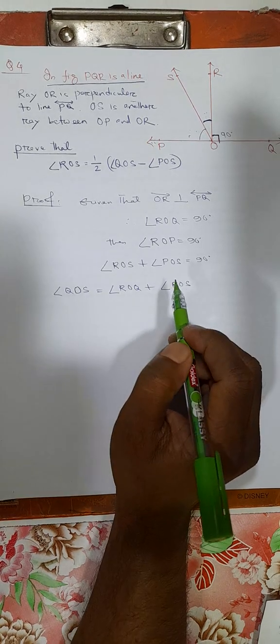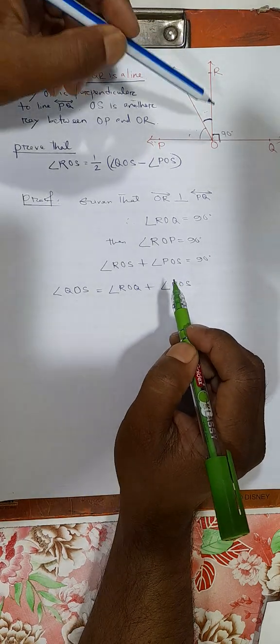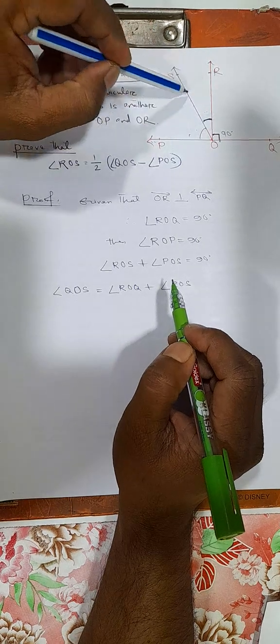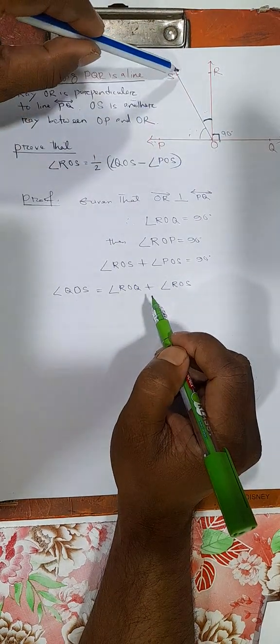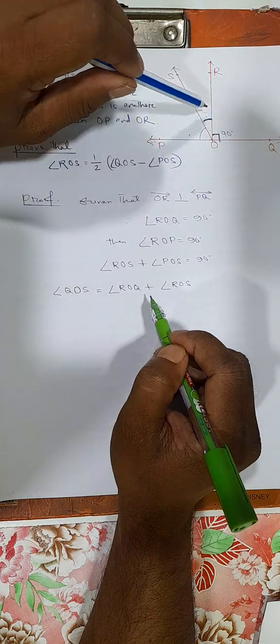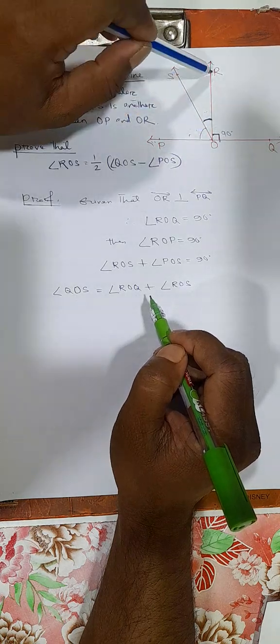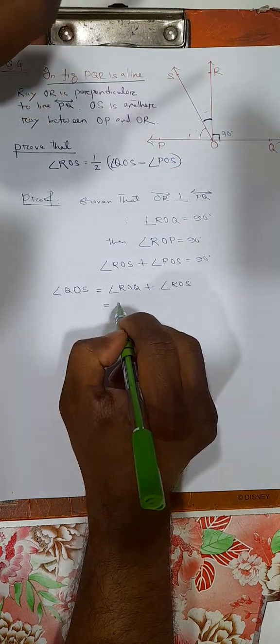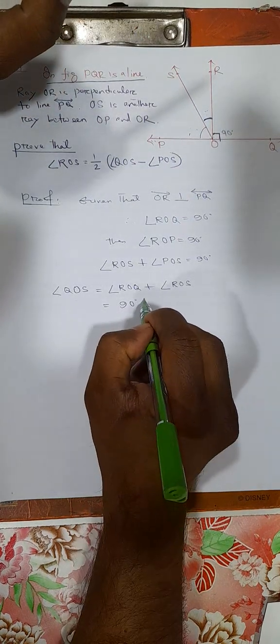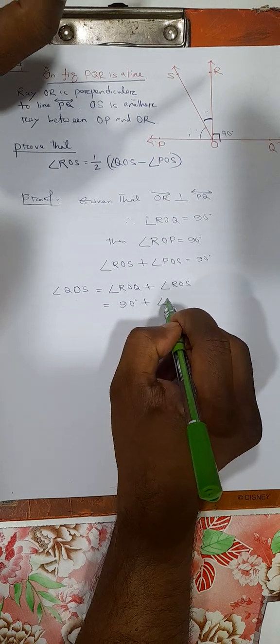Right? Since the ray OR lies in between OS and OQ, we can write angle QOS as a sum of two angles, ROS plus ROQ. Now ROQ means 90 degrees plus angle ROS, angle QOS.